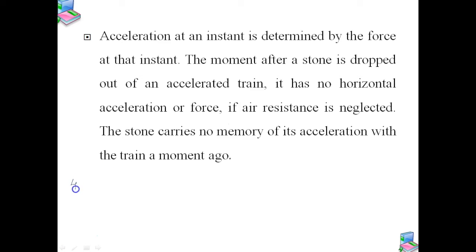And the fourth important point is that the second law of motion is a local relation, which means that the force F at a point in space at a certain instant of time is related to A at that point at that instant.